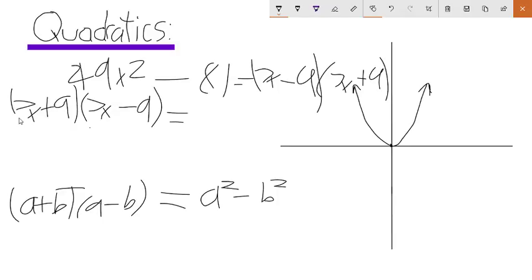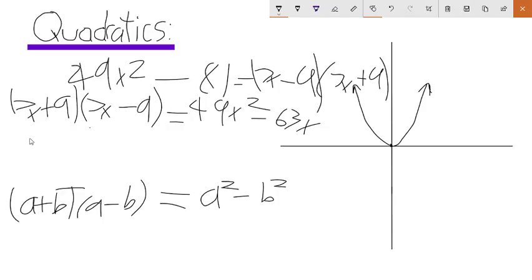7x times 7x is 49x squared. So the first term is okay. Now let's see, 7x times negative 9, that's going to be minus 63x.